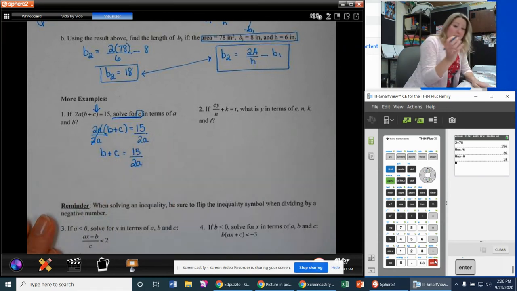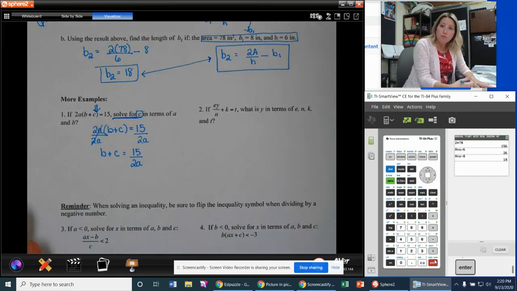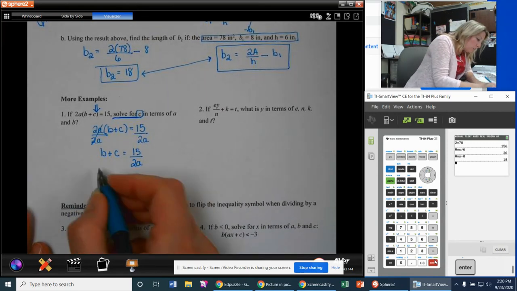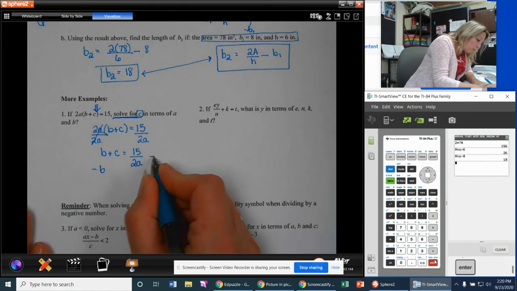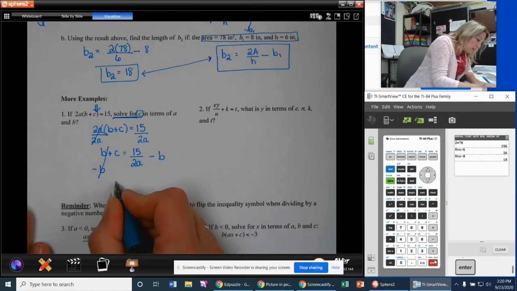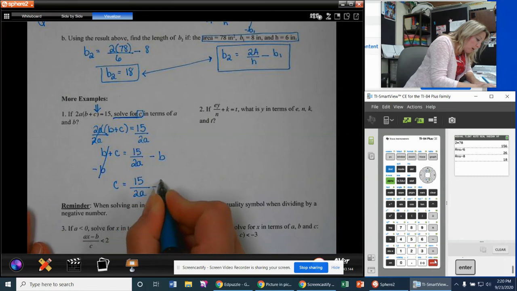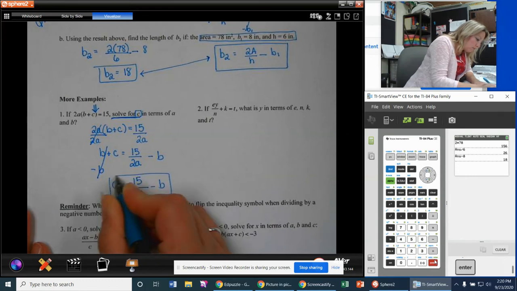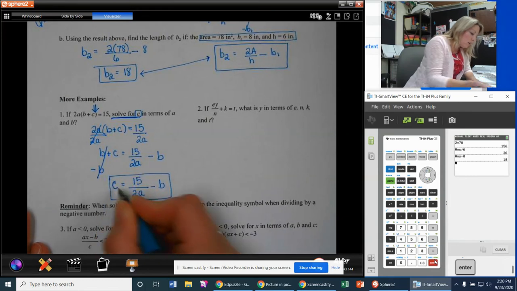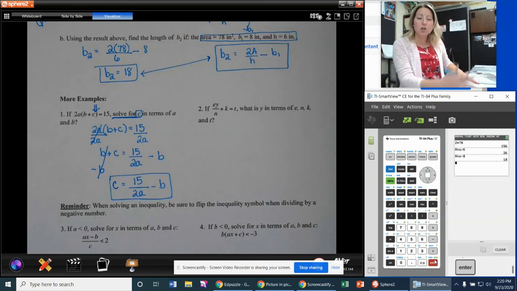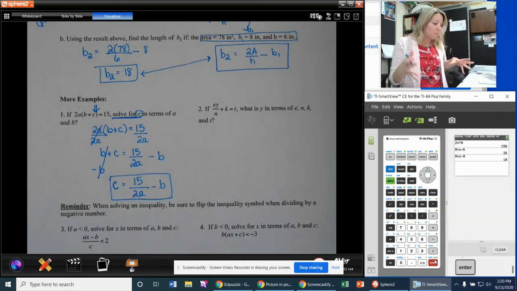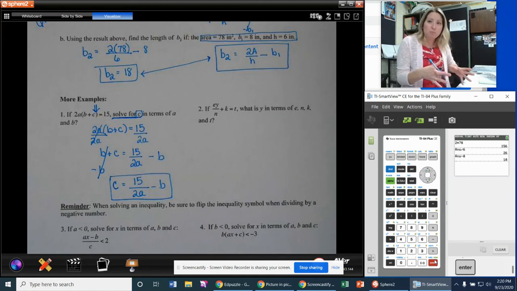And now again, you're getting c alone, so it's the opposite of having a positive b. Subtract b from both sides. They cancel here. C equals, literally rewrite, 15 over 2a minus b. Okay, literally rewrite these things. Do not try to do that combining of like terms. Excuse me, do not try to do that combining of unlike terms because you can't.